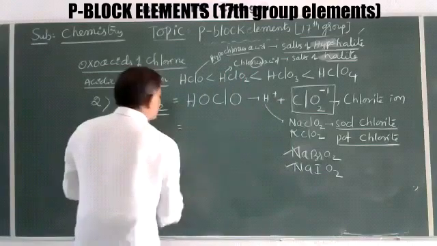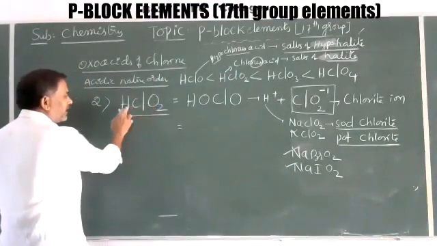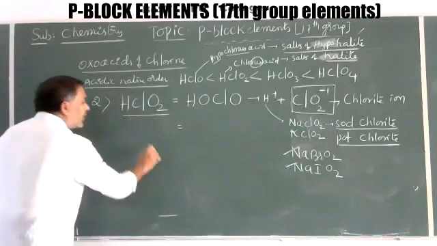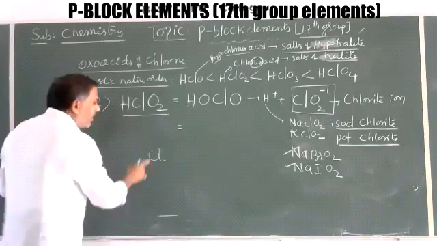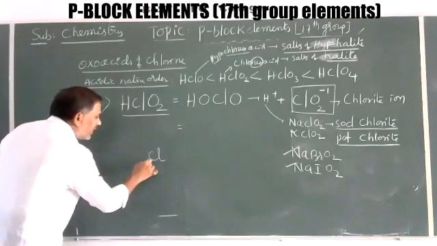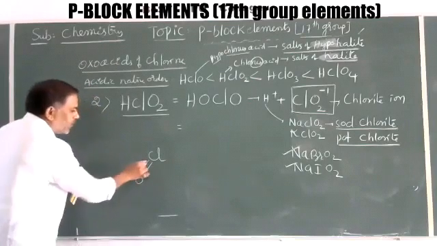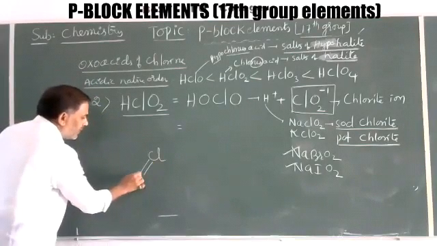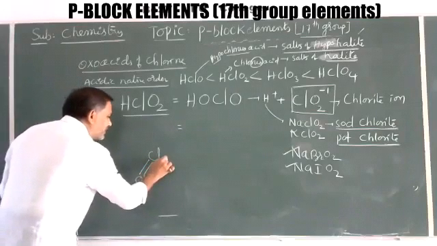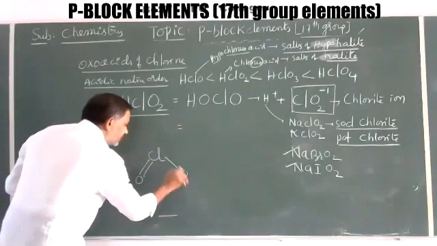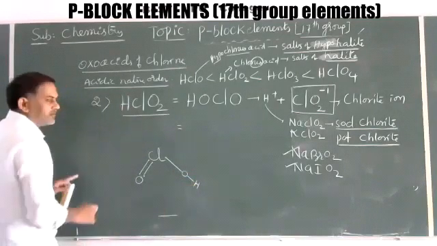Similarly, for the structure of this one, there are two oxygen atoms and one chlorine. Here chlorine is considered the central element. On this chlorine, there are 7 valence electrons. Out of 7, one lone pair is bonded with one oxygen, and one unpaired electron reacts with this OH group, clear.